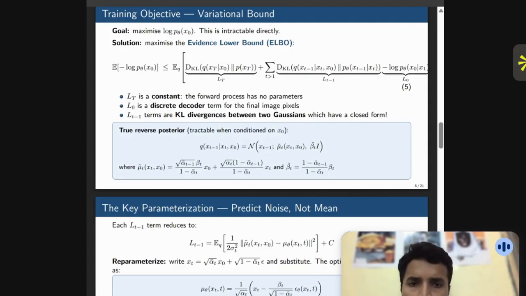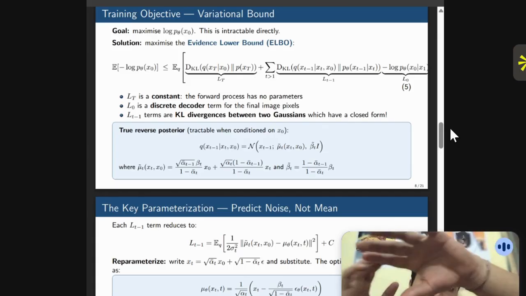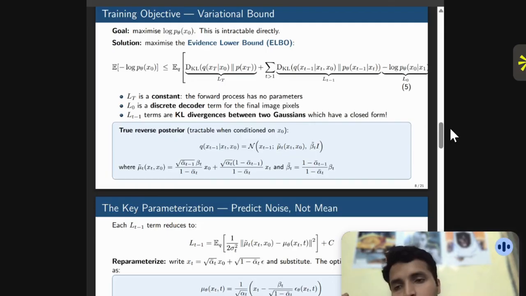That substitution looks like replacing x0 by 1 over root alpha t times xt minus root 1 minus alpha t times epsilon, where epsilon is the noise that we will be trying to predict.